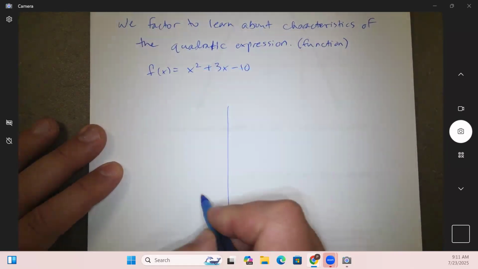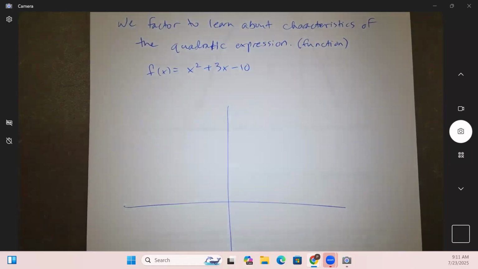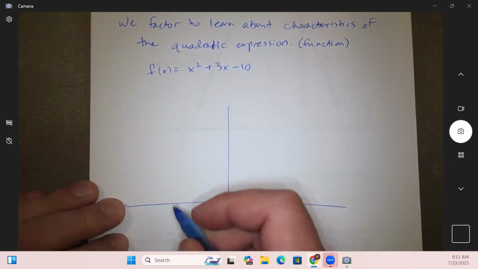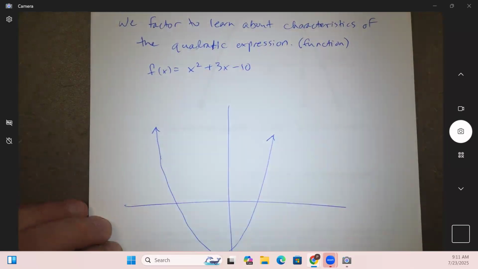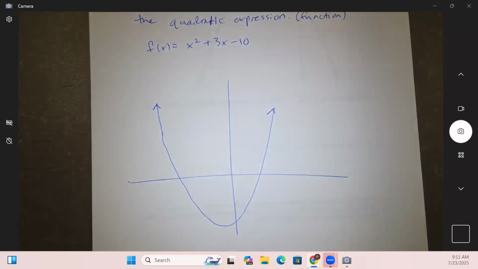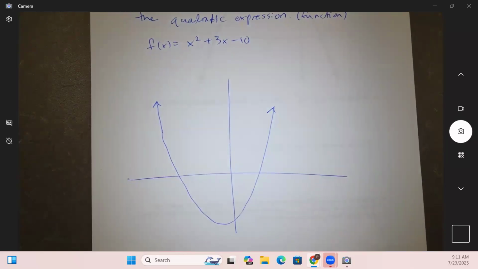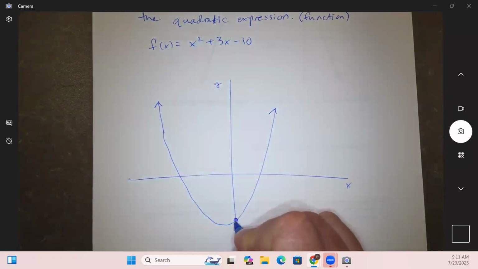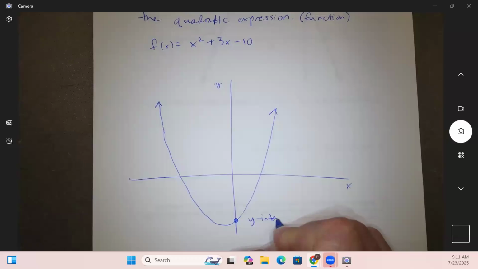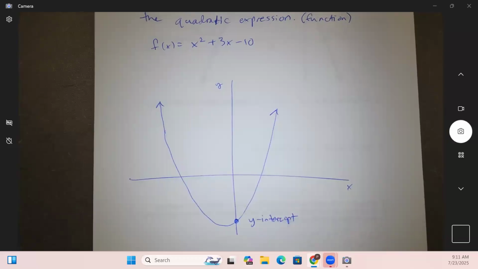Every quadratic function looks generally U-shaped, either up or down. And when you look at a graph, to me, there are a couple interesting pieces on this graph. One interesting piece is the y-intercept. That's what we talked about back in chapter 1, right? Interesting things about functions, about the graphs of functions.